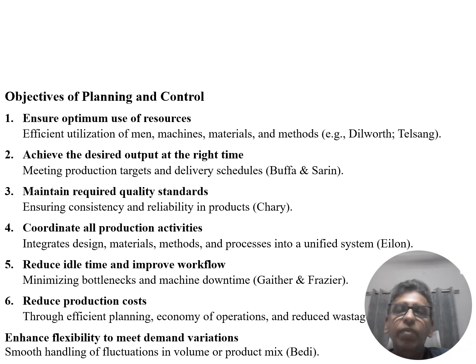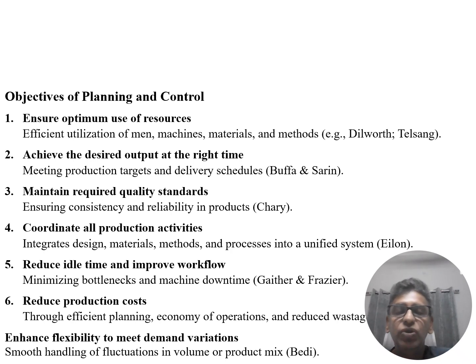Even if you take a metal casting process for preparing the mold, painting the mold, setting the core, aligning the core, then placing the top mold and pouring the molten metal, if you have a continuous line, then efficiently you can use the manpower. Otherwise the man will try to move here and there, thereby the production rate may be reduced. So this is how you can efficiently utilize the manpower.